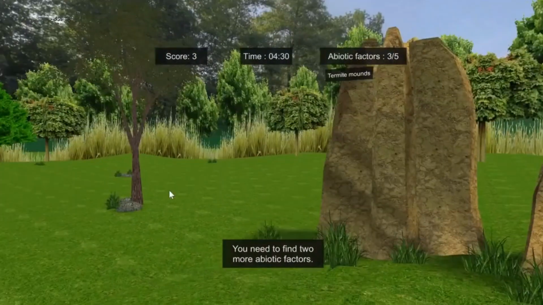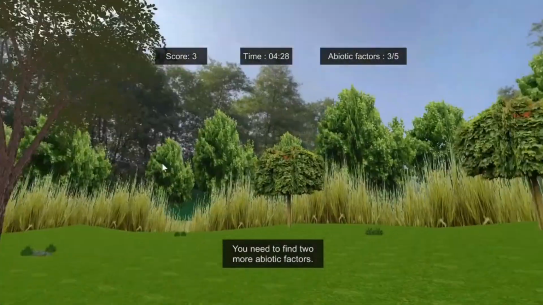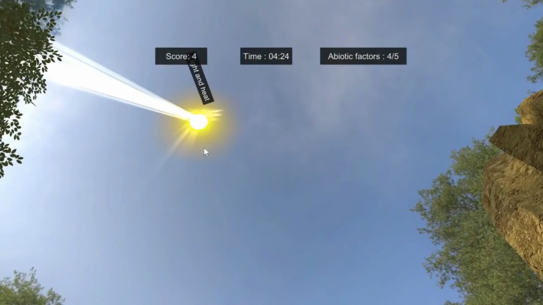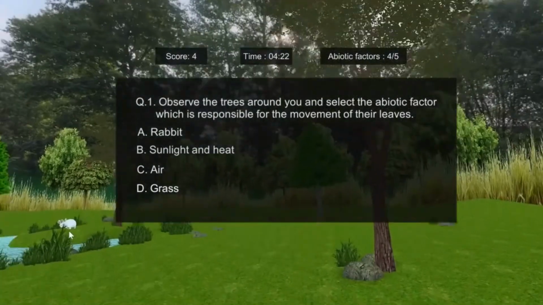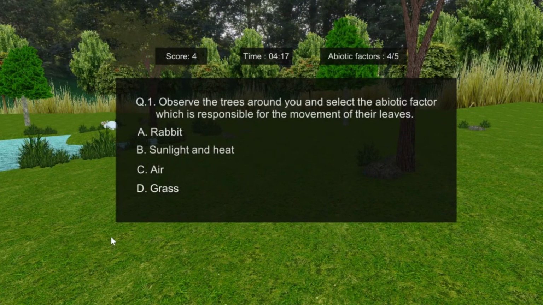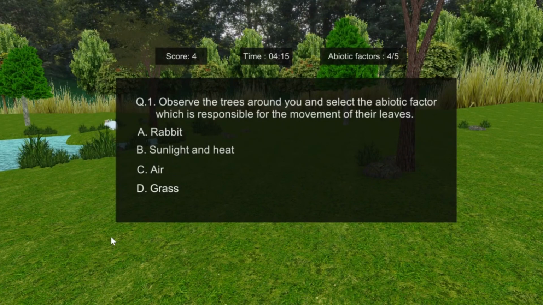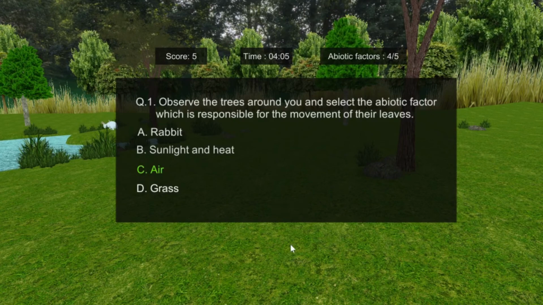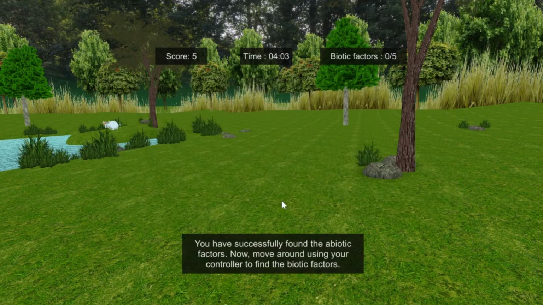Right, you need to find 2 more. Right. Observe the trees around you and select the abiotic factor which is responsible for the movement of their leaves. A. Rabbit. B. Sunlight and heat. C. Air. D. Grass. Right. You have successfully found the abiotic factors.